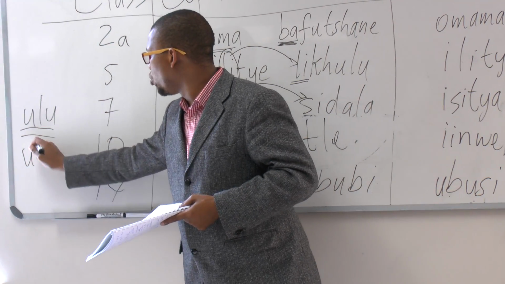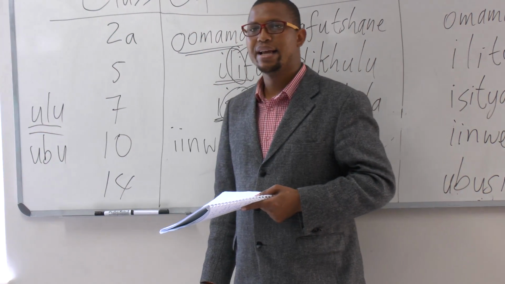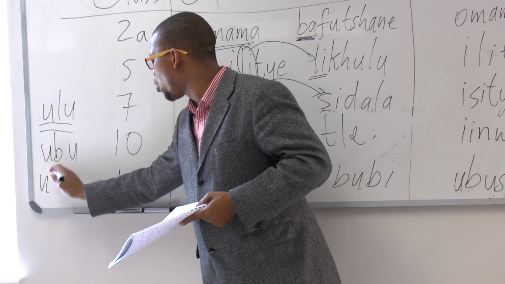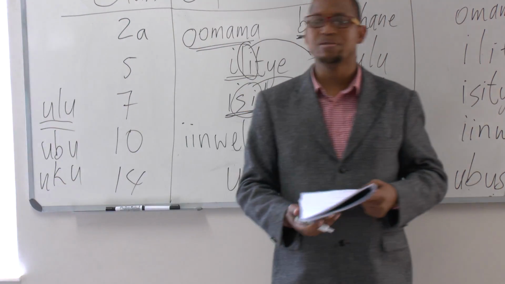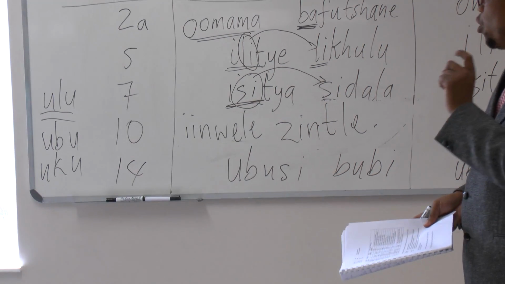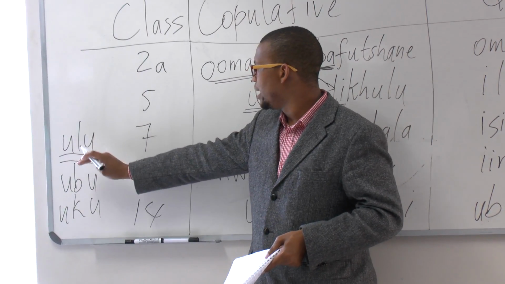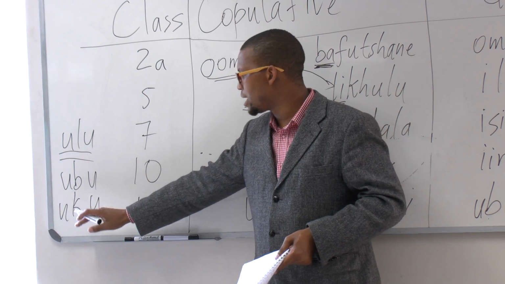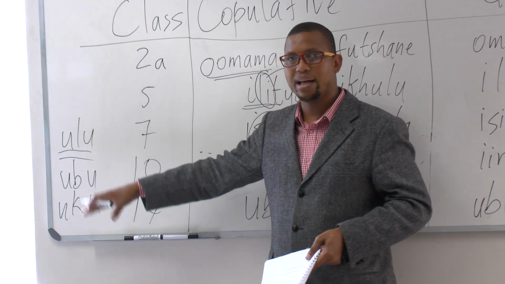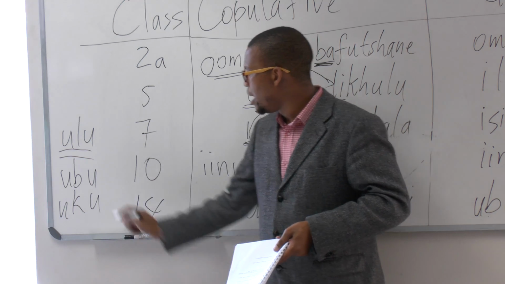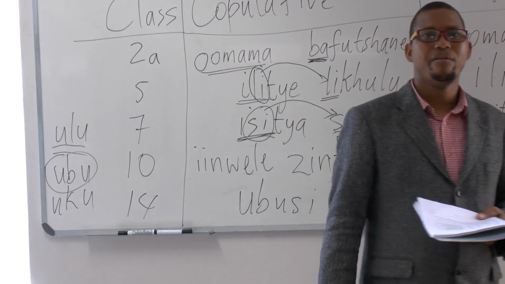Class 14 is ubu. Class 15 is uku. Take a look at those three. Whatever I'm going to explain based on class 14 will apply to any of those classes. But for now, we'll choose class 14.